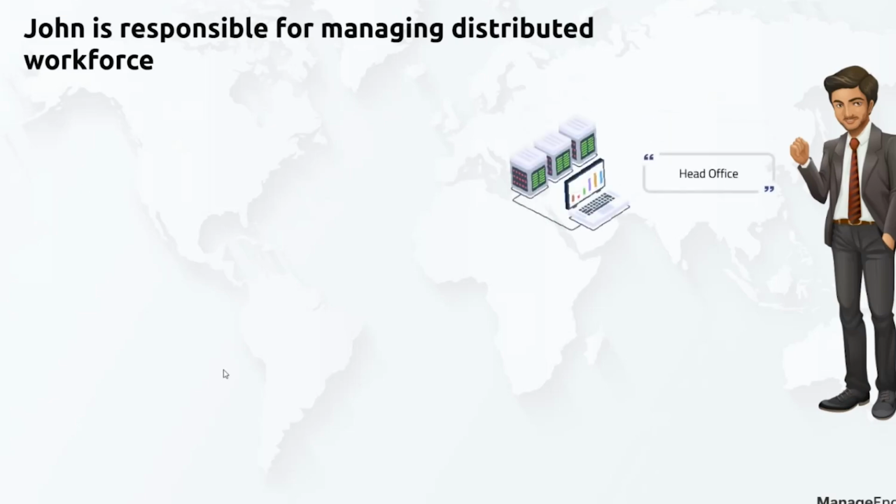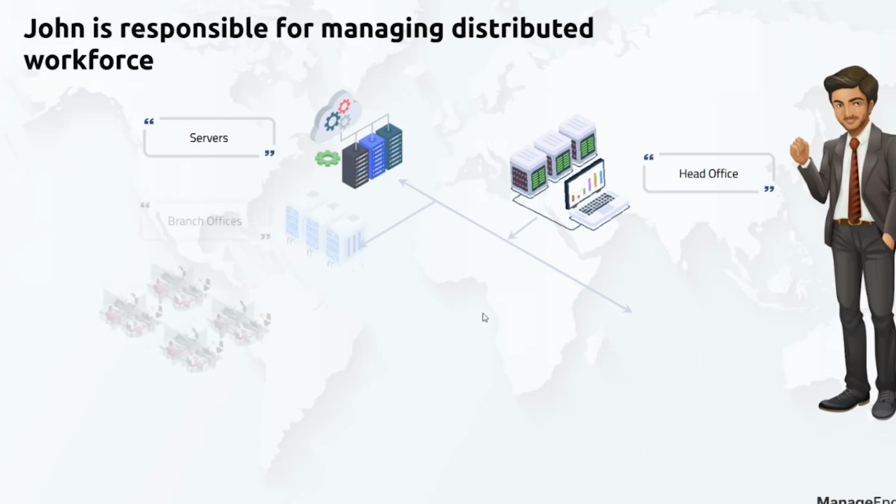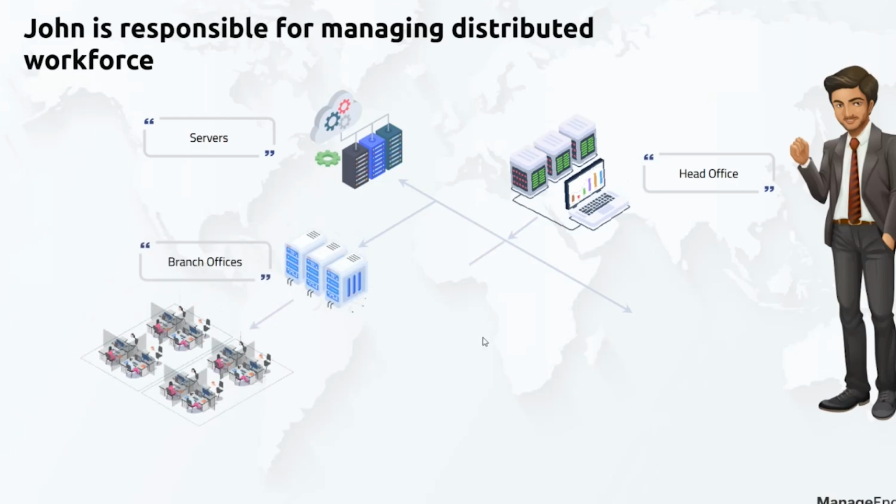In their business, they have servers, laptops, desktops, and mobile devices, with users connecting from home through the VPN, or users connecting directly through the internet without the VPN. John is responsible for managing all these devices, and we'll see how John can manage them using the Endpoint Central solution.